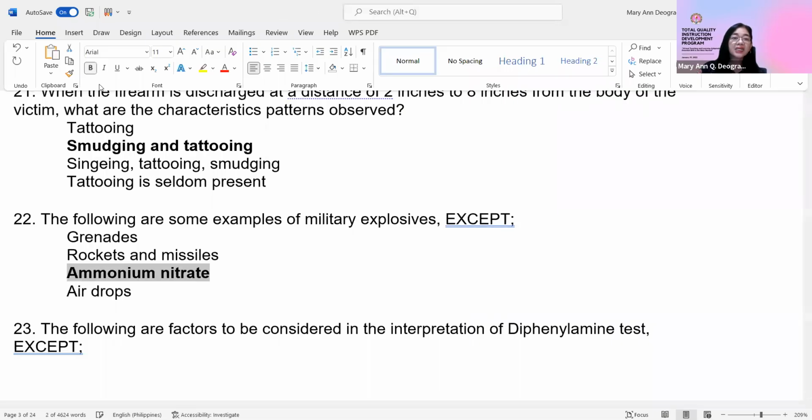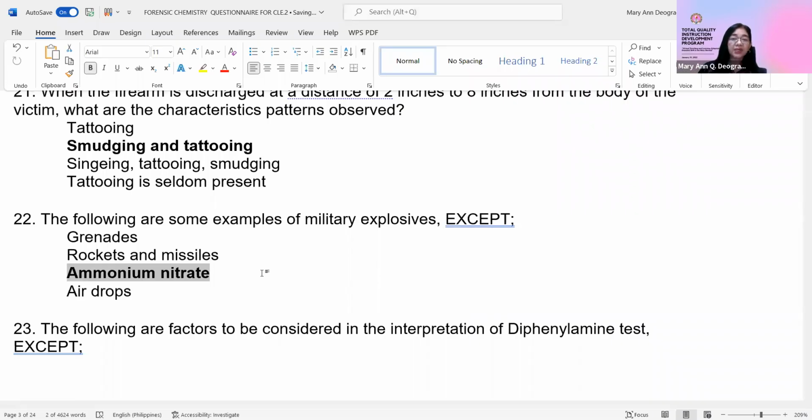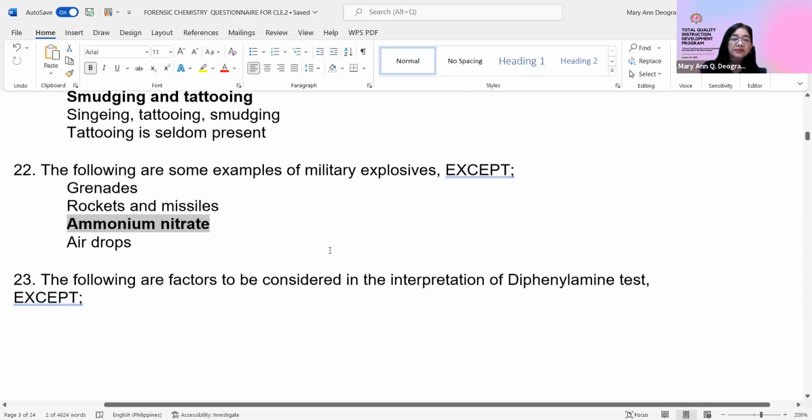Okay, so madaling makuha or it's always available kasi pwede lang natin mabili sa mga farm supply yan, no? Yung ammonium nitrate na yan. It's always available and it's also the cheapest.